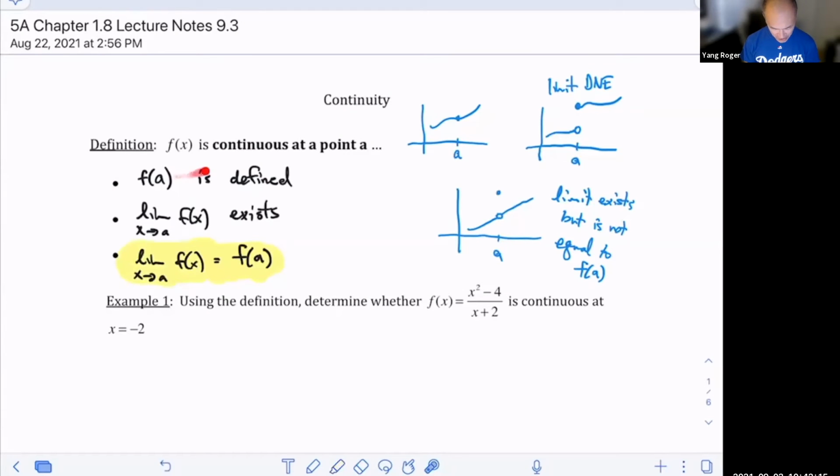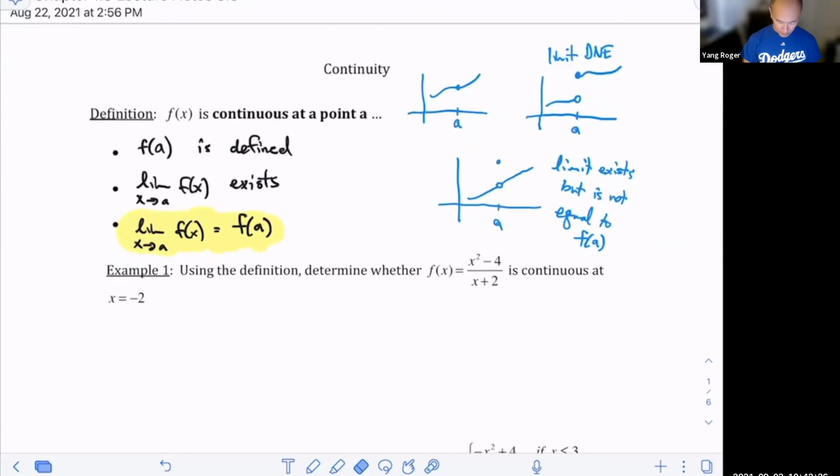The first 2 parts are just saying that it exists, that the right-hand side exists and the left-hand side exists. That allows us to create this equation. But this highlighted thing is the real definition that we're going to be working with. All right. So let's take a look at example 1 together.